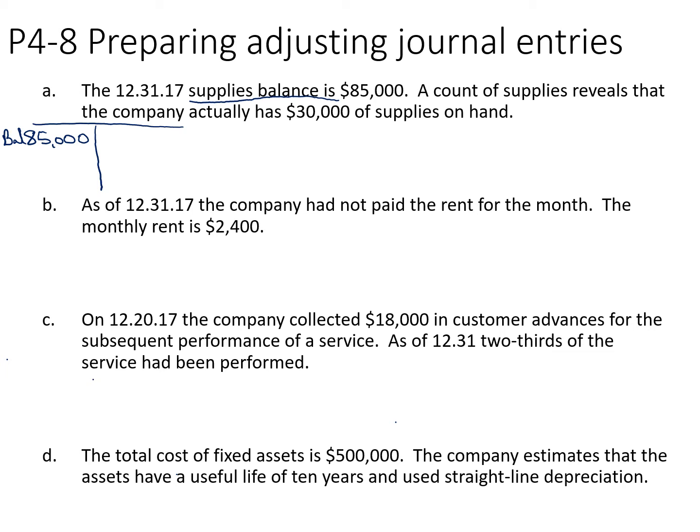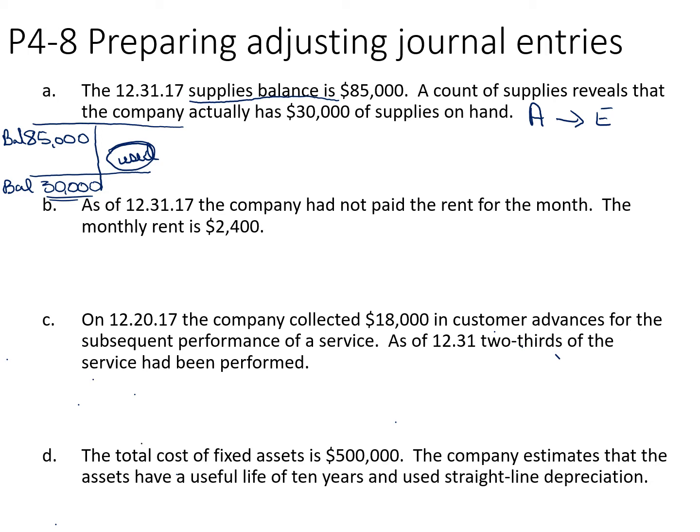So what it's saying is we need to move things from that asset account, supplies, into an expense account called supplies expense, don't we? Because we want the balance in supplies, the asset, to only be 30,000, because that's all the supplies that are on hand. So we need to make an adjusting entry to get it out of the supplies account because it's been used. And we'll do that on the next slide, but I just wanted to talk through the wording.